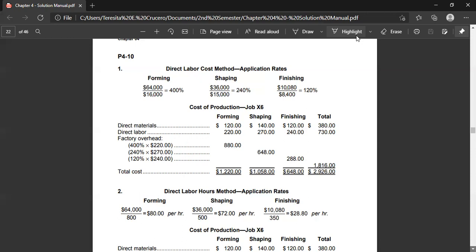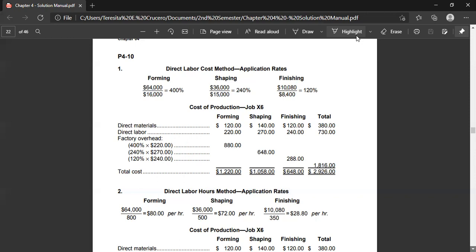So we now have the cost of production of job X6, direct materials given at 120, 140 in shipping and 120 in finishing. Direct labor cost 220, 870, and 270 and 240.